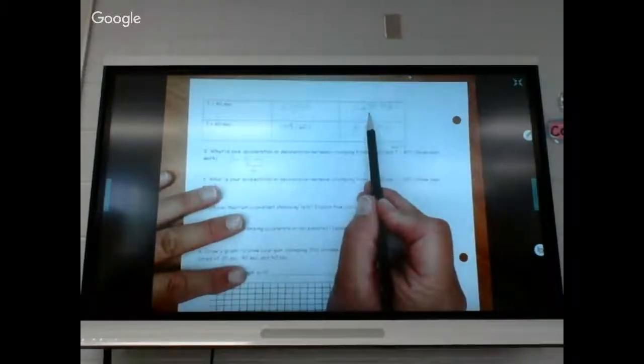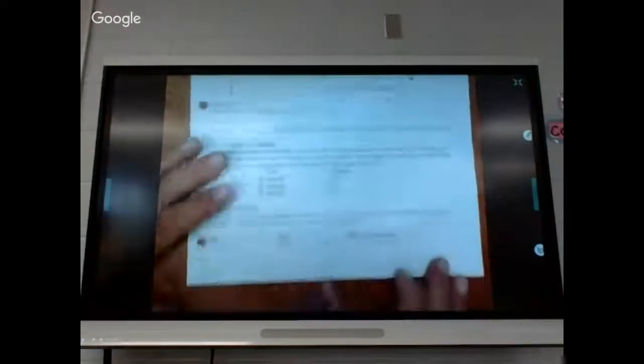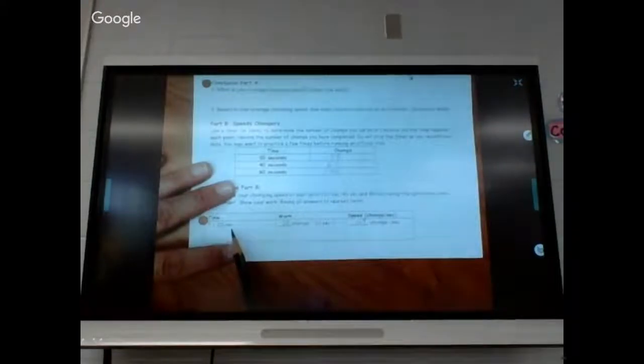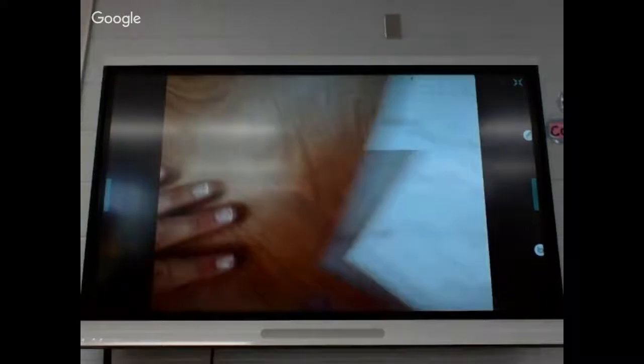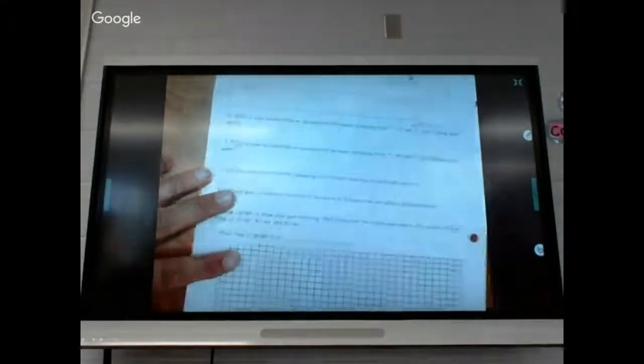If I flip the paper down to the bottom, my speed at 20 is 1.9. You look to see what your speed is at 20, and I'm writing it right above my 20.